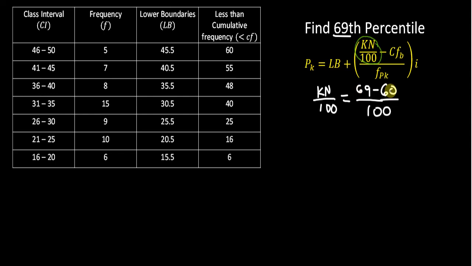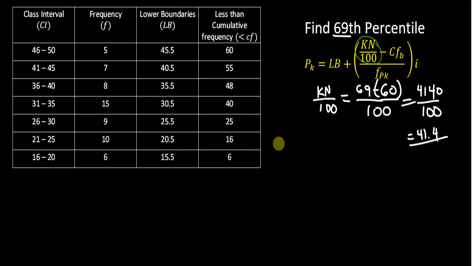Multiply pala, hindi pala minus. So, 69 times 60 is equal to 4,140 over 100. And kapag dinivide natin yan, that is equal to 41.4.